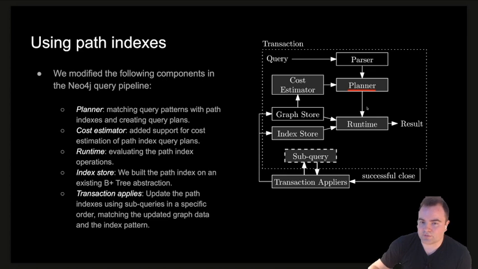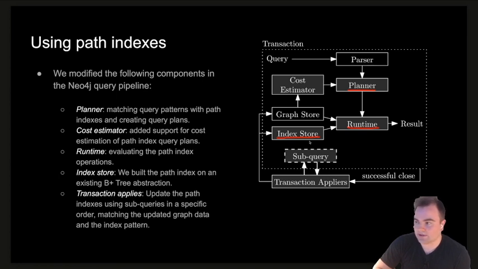We then, of course, modified the runtime. The runtime took into account the execution over path indexes, and we essentially added index scan operators inside Neo4j that utilize those indexes.